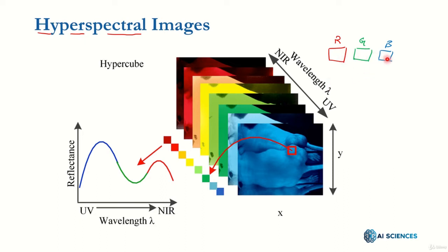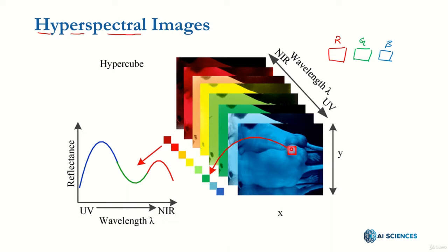And these RGB channels are basically recorded in the camera. There are sensors that are capable of recording the other ranges of wavelengths as well. If the wavelength is divided into multiple such ranges, for example, other than RGB, we have near infrared and ultraviolet and a lot of other ranges, and there are sensors that can record these, then rather than having 3 channels, the image can have multiple channels.